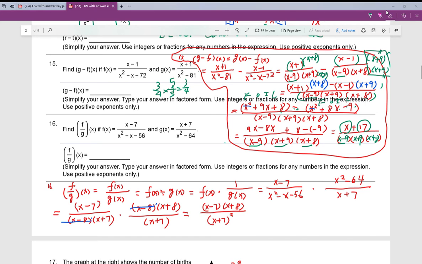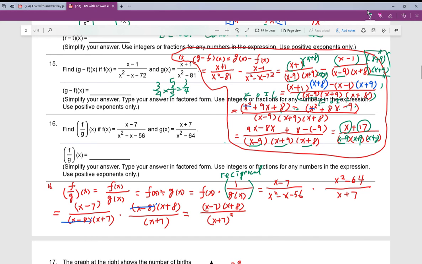If there's a division, first by the definition, you input x to each function and you have division. This division means multiplication by the reciprocal. So when I write down 1 over g of x, what does it mean?